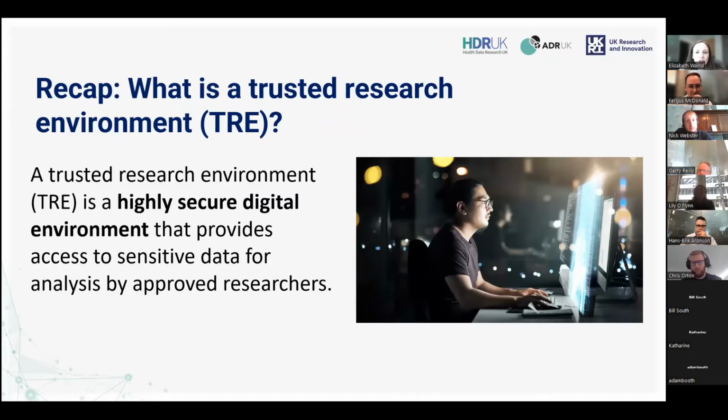A series of strict security measures, some of which you'll hear more about today, protect the privacy of the people that the data is about, significantly reducing the potential for data misuse or the re-identification of de-identified data. Key to trusted research environments is that the data never leaves the environment when it's accessed by researchers. They access the data either directly within the trusted research environment systems itself or via a secure connection to those systems.